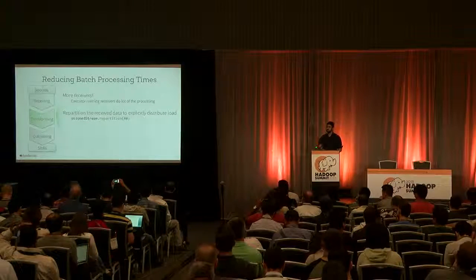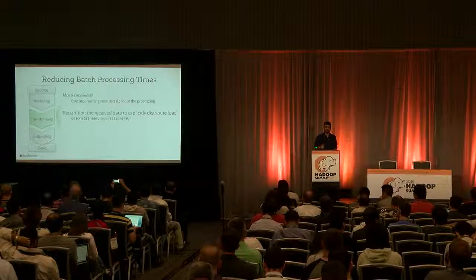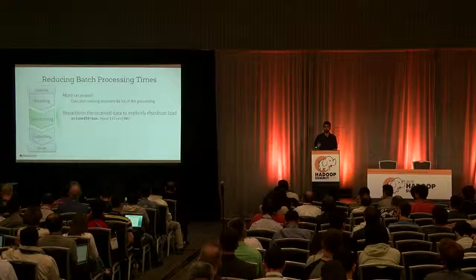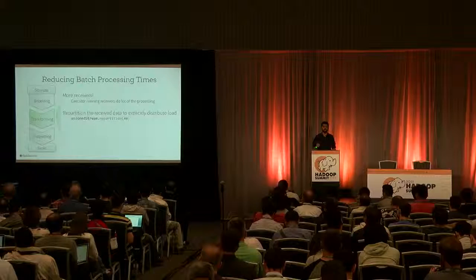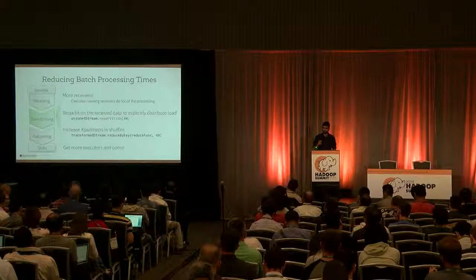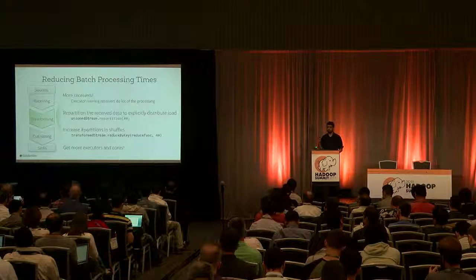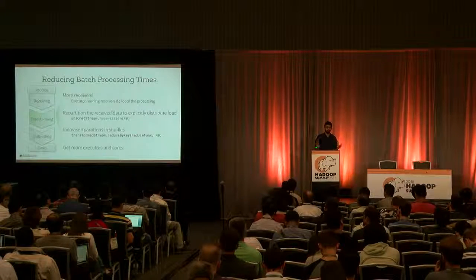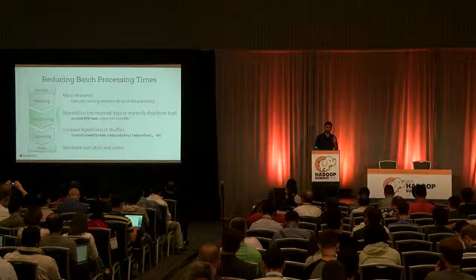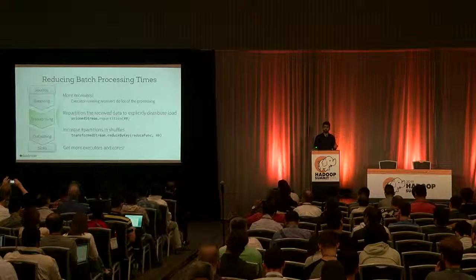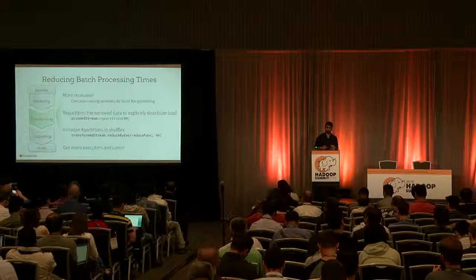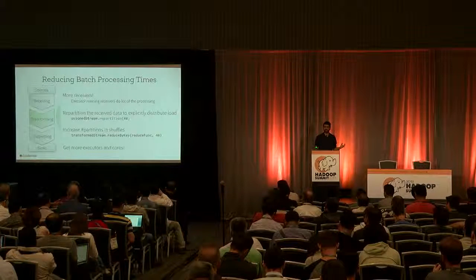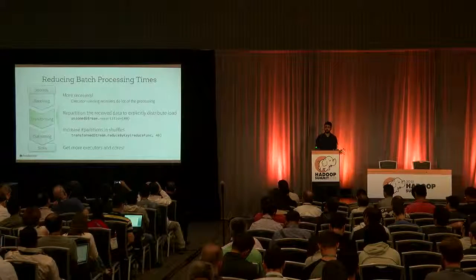Now, to reduce the batch processing time so that it is less than the batch interval, one thing is to add more receivers, because the nodes that are running the receivers are also doing the processing. So adding more receivers and more executors means you're parallelizing the work further. If that is not sufficient, you can explicitly repartition the data into a larger number of partitions across the cluster. Again, parallelize it further.